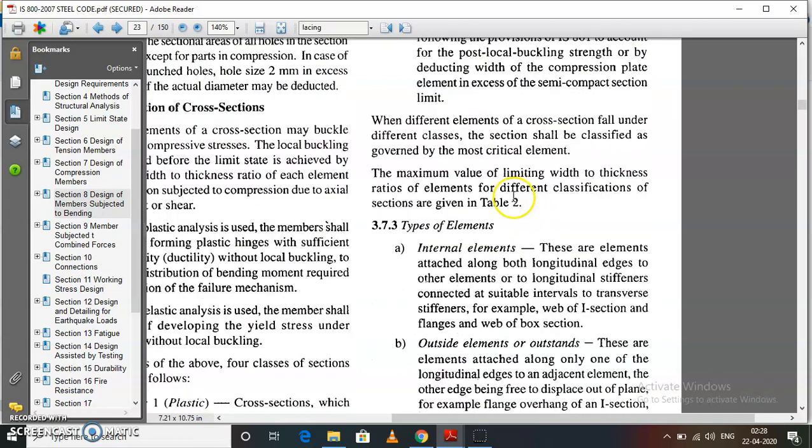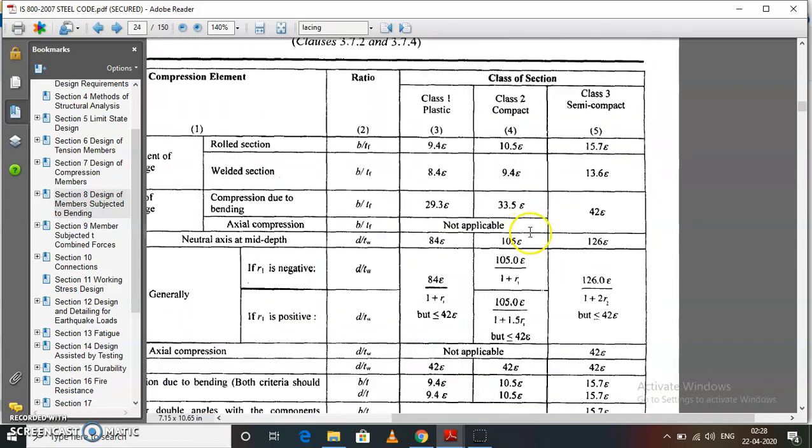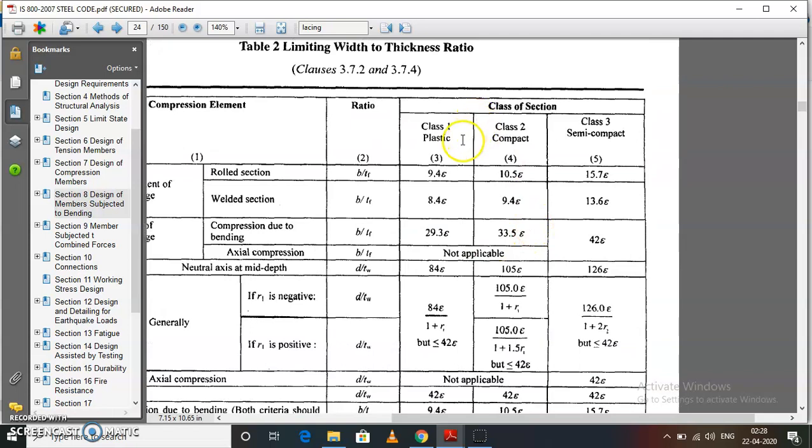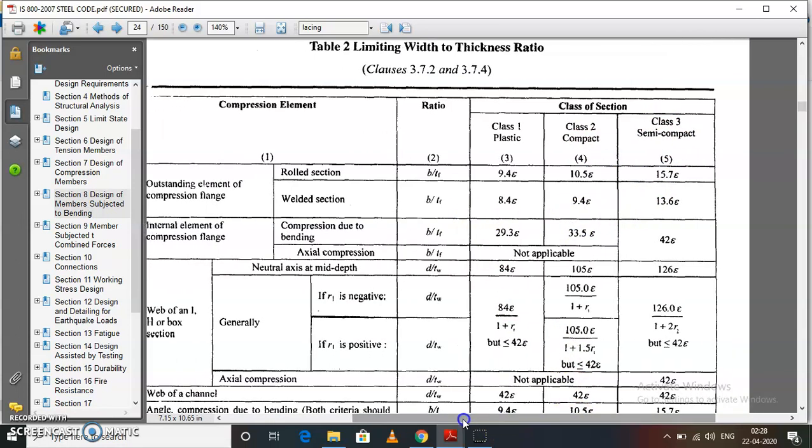Based on this table, we can classify the sections as class 1, class 2, class 3, class 4. Class 1 is plastic, class 2 is compact, class 3 is semi-compact, and class 4 is slender members.